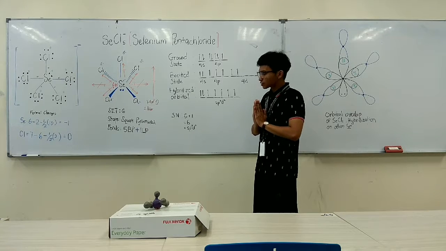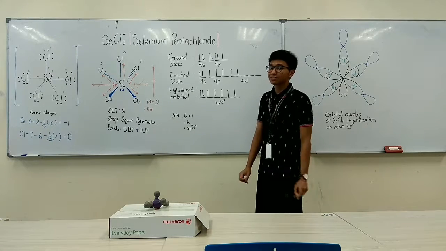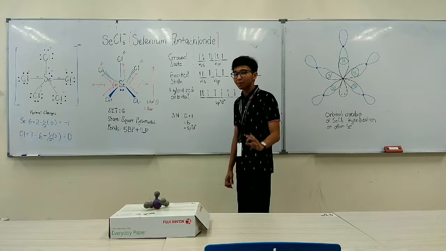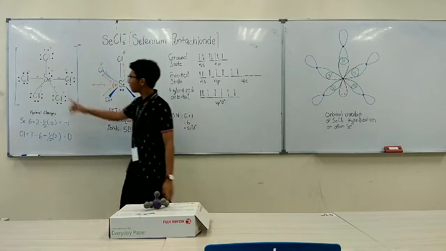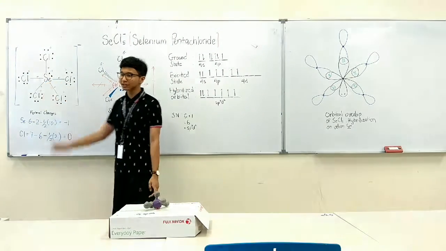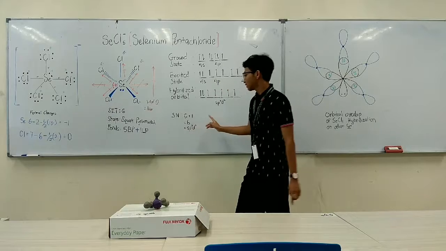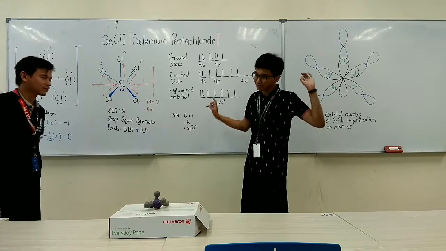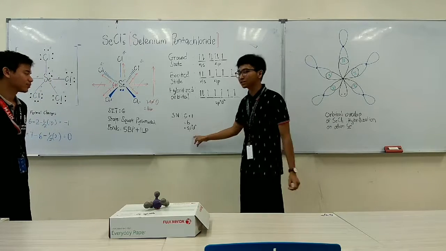We can also determine the type of hybridized orbital by using steric numbers. Steric number is basically the sum of sigma bonds and lone pairs. In this case, there are 5 sigma bonds and 1 lone pair, which equals a steric number of 6. And from that we get the type of hybridization, sp3d2.